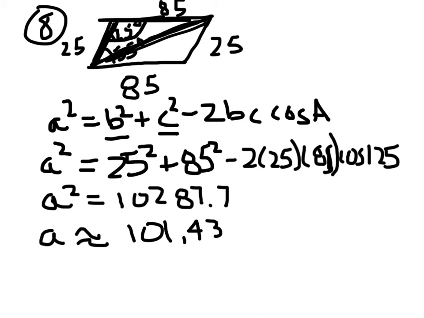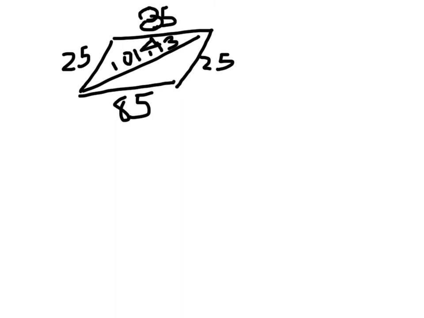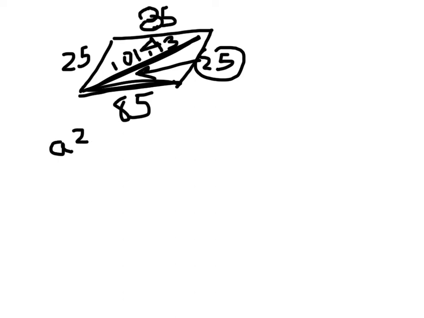I'm going to redraw this information on the parallelogram. And the next part of the question is asking us to find the measure to the nearest degree of the angle formed between the resultant and the larger force. That would be this angle, and this would be the side across from that angle. And so when I have all three sides, that's again an example of a problem where I need to use the law of cosines.